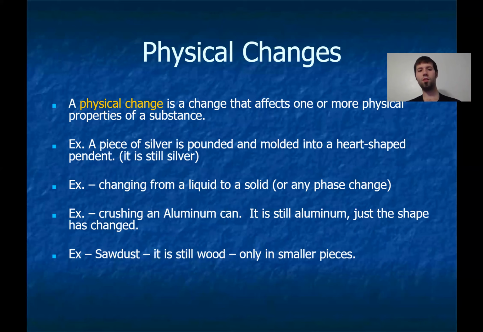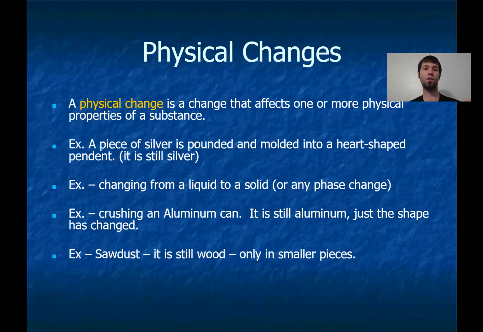Here are some more examples. A piece of silver is pounded and molded into a heart-shaped pendant. The silver is still silver. I'm not changing anything, so that's a physical change. Another example of a physical change is changing a liquid into a solid. If I have water and I freeze it, that's changing something from a liquid to a solid. I'm changing the temperature to change what phase of matter it's in.